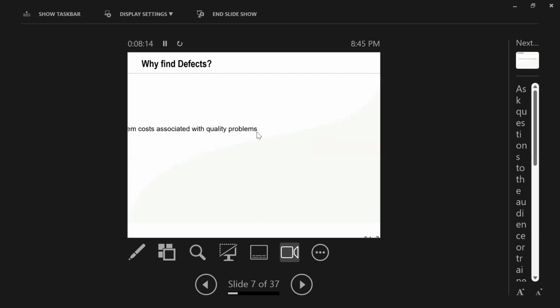Decrease overall system costs associated with quality problems. So you need to find the defect while testing the application. That's what we are saying: decrease the overall system cost. Once it fails in production, that is a business impact, right?